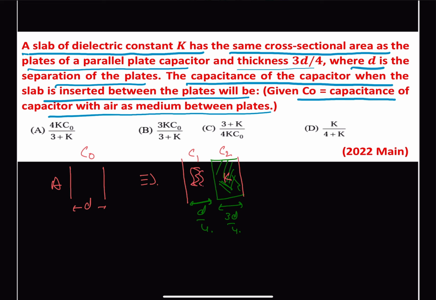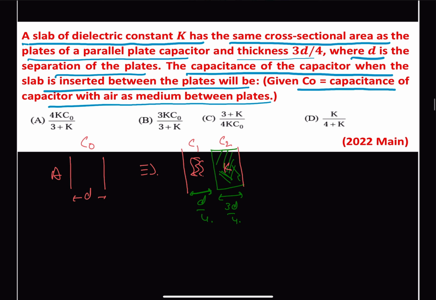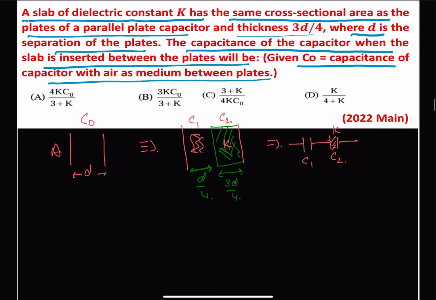So we now have two capacitors and they are connected in series. One is C1 and the other is C2, and C2 has a dielectric of constant K. The thickness of C1 is d by 4 and the other is 3d by 4.